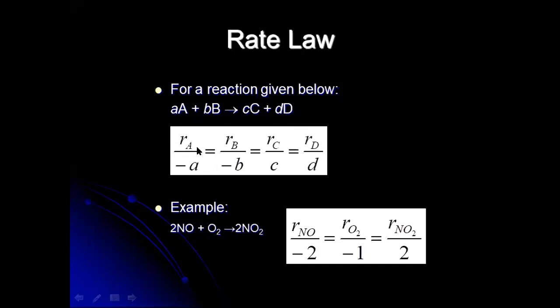So if you know already the rate of reaction in terms of A, then you have to use only the coefficients of A together with the species that you're going to correlate it with.